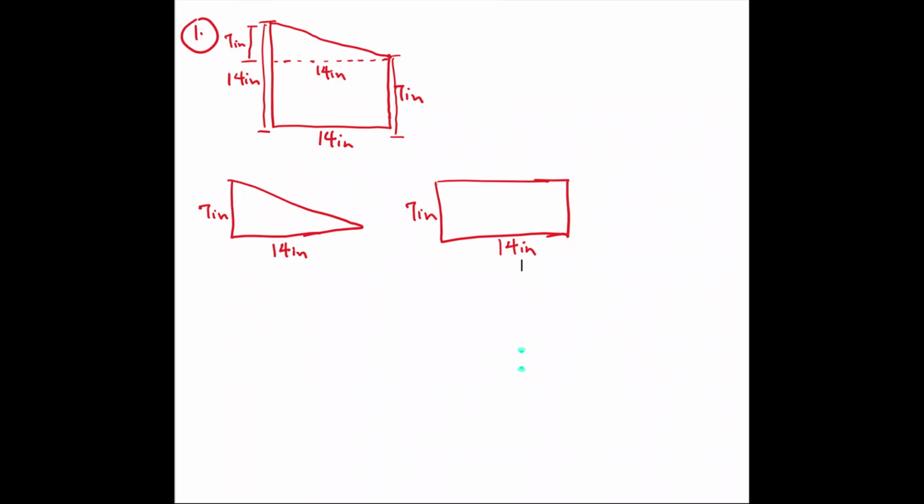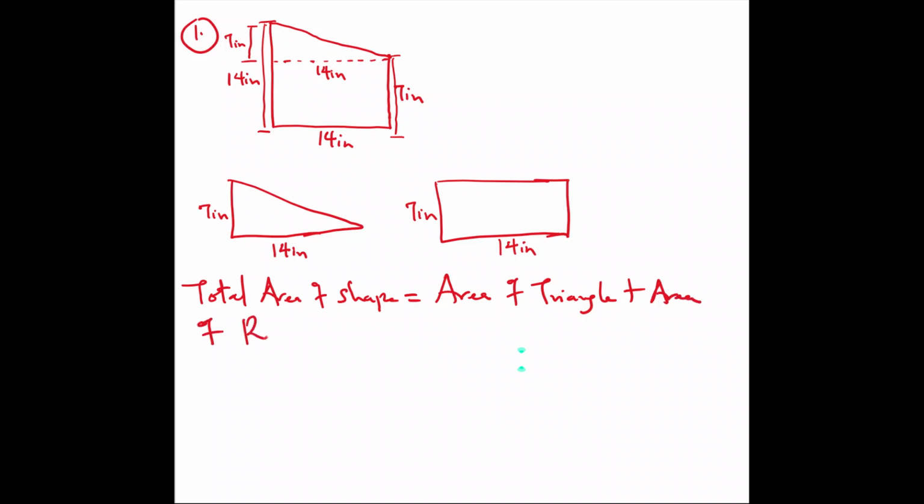Okay. If we are to find the total area of this shape, the total area of the shape will be equal to the area of the triangle plus the area of the rectangle.